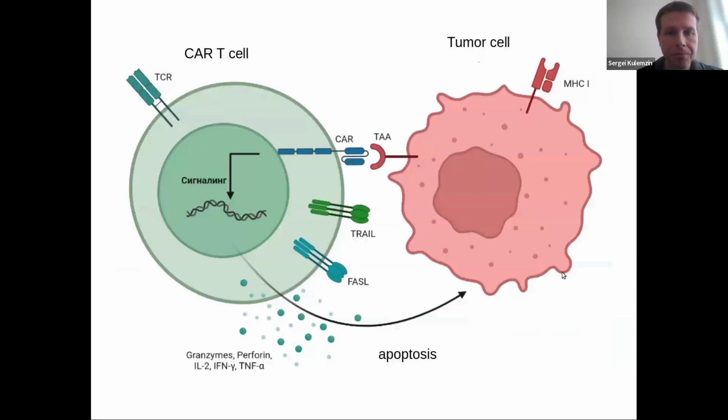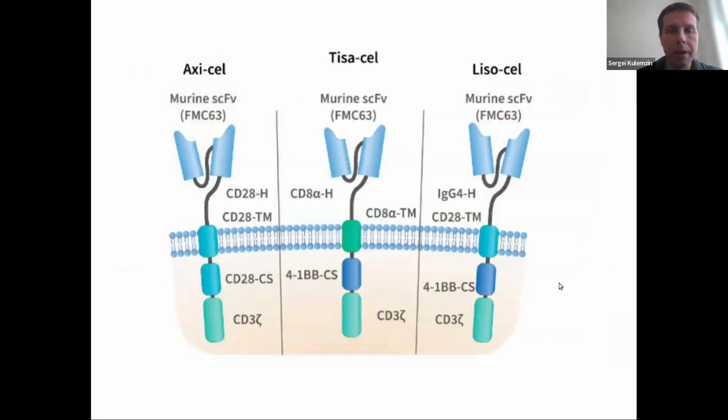Let's take a look. If we compare different designs of chimeric antigen receptors that are well known and are in established CAR T cell products, we see that among the three most popular CAR T cell products, which have been in use for more than 10 years, there is not a lot of difference.